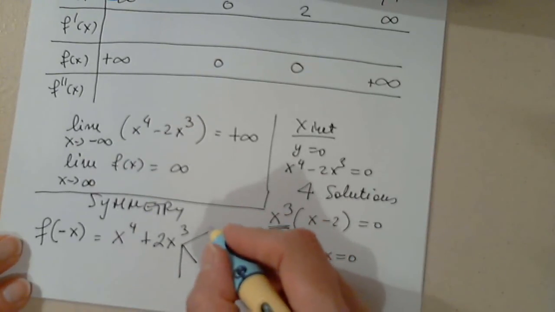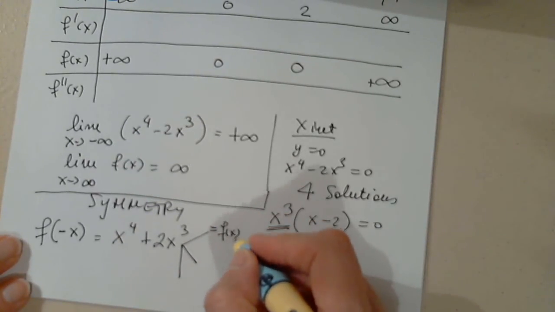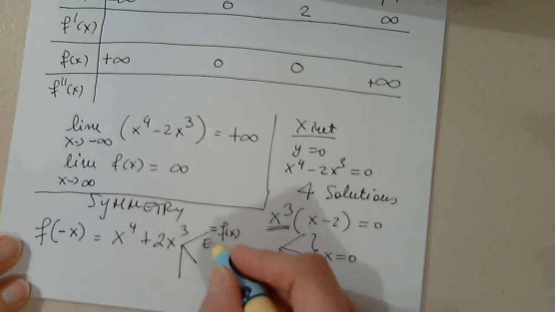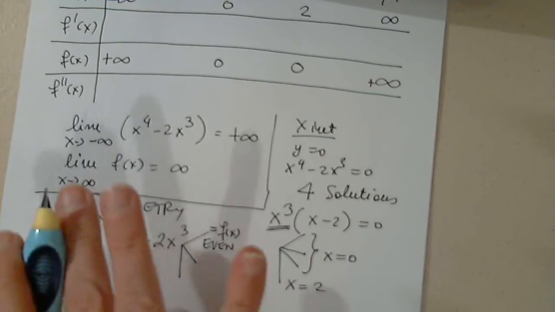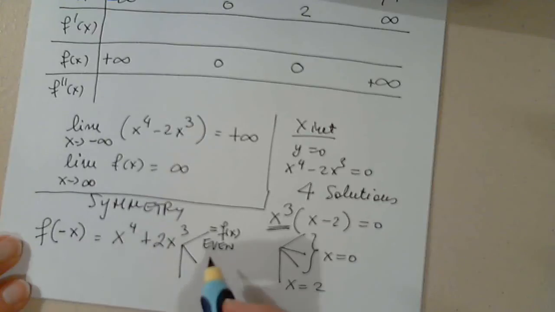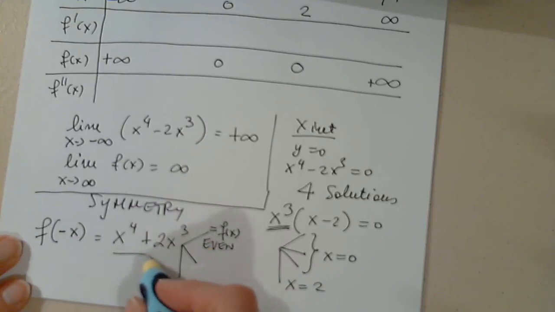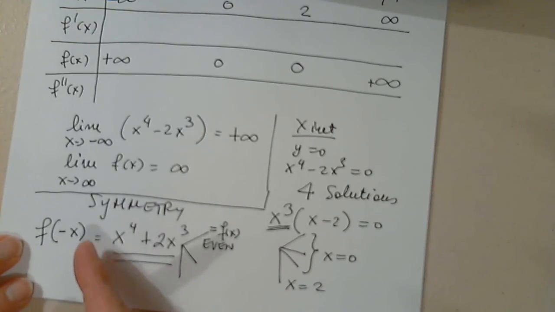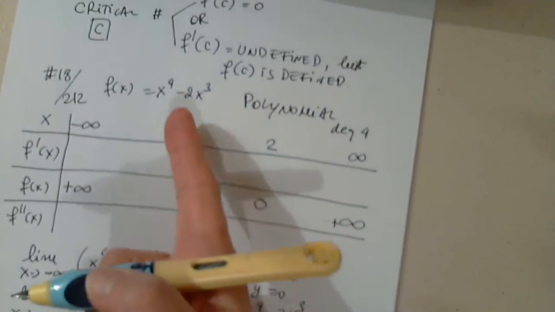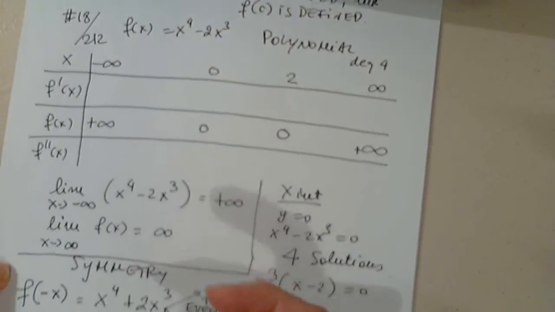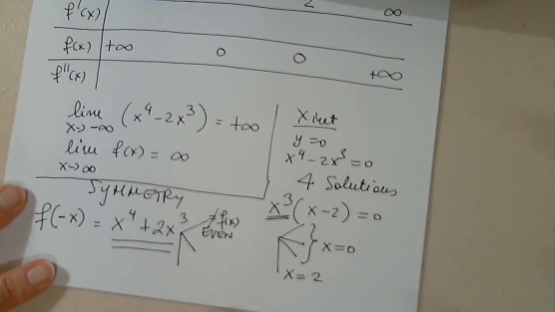One possibility is that this equals the function itself, which makes the function even, symmetric with respect to the y-axis. Is this the case? No. This is f of negative x, but this is not f of x. So this is not an even function.